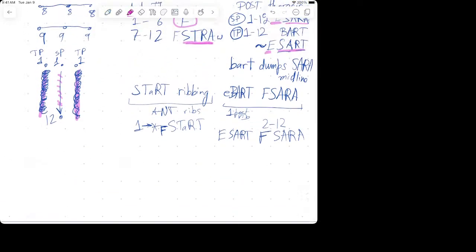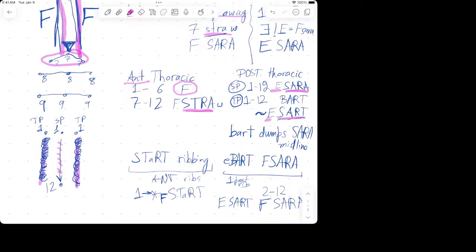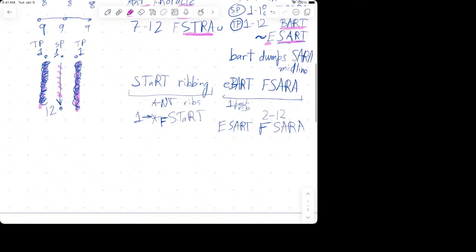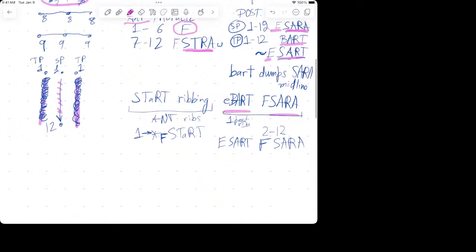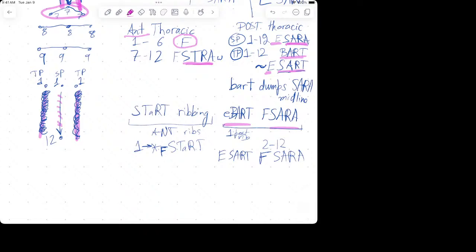So you could think of Sarah taking extended BART for the posterior thoracics, and you can also think it for the ribs, where your Sarah is taking an extended BART line, right? The only real difference from posterior thoracic is you got flexion because you got to start ribbing in the front. So there's some overlap there. Just like posterior thoracic had Sarah and SART, posterior ribs have Sarah and BART slash SART, however you want to think about it.